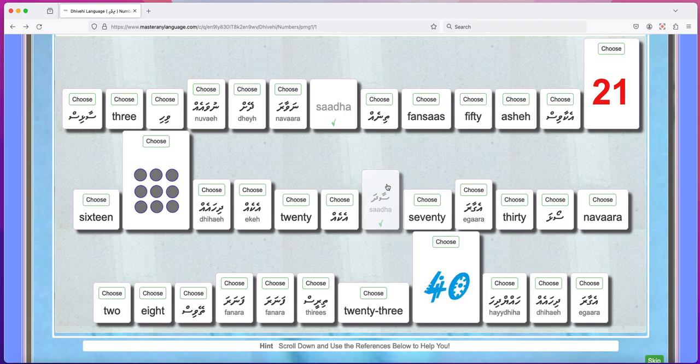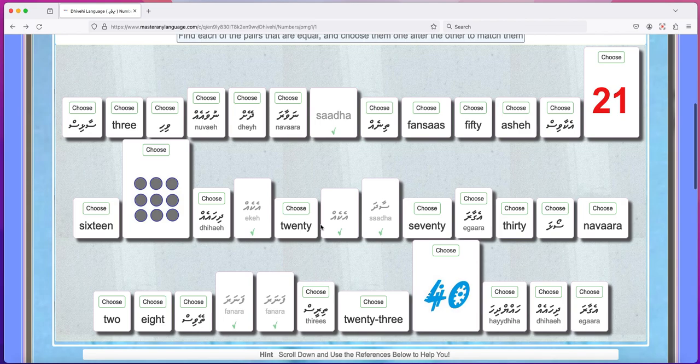I don't see many other easy ones yet. Egara, I'm looking for that. Egara, fanara. Eke, eke is one. I remember that. Egara, egara.